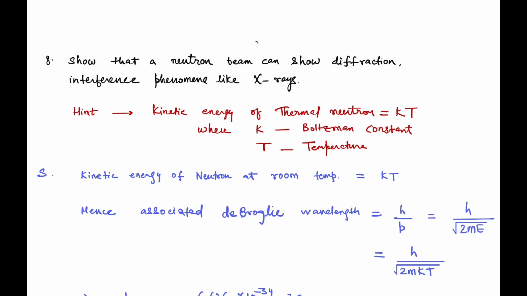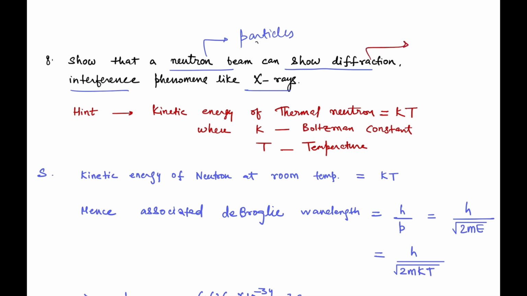So now we have some solved questions. So that a neutron beam can show diffraction and interference phenomena like X-ray. If a neutron beam shows diffraction and interference phenomena, that means they are particles.